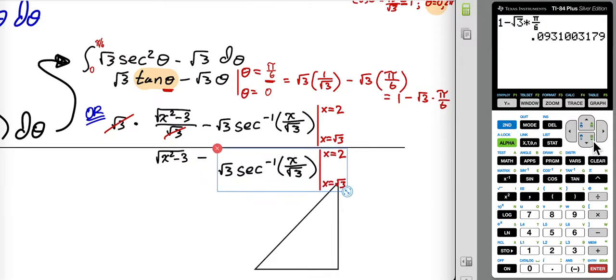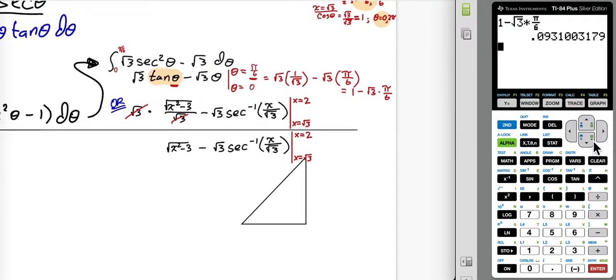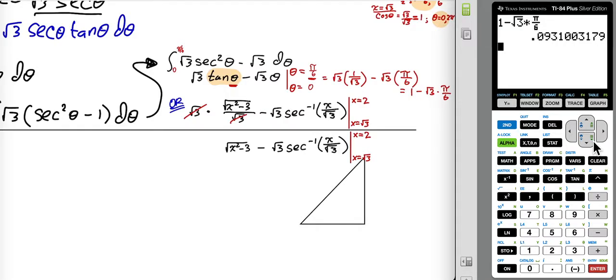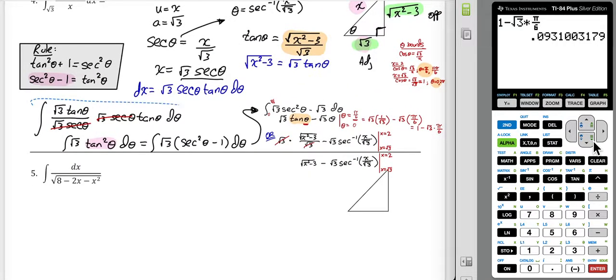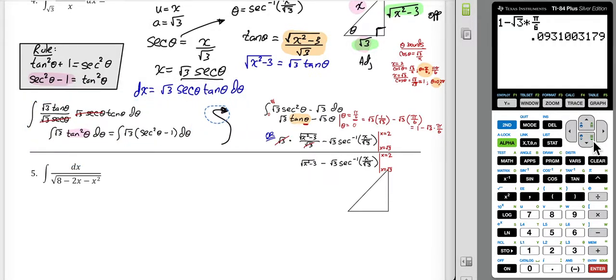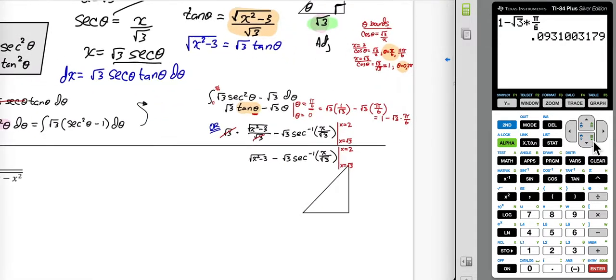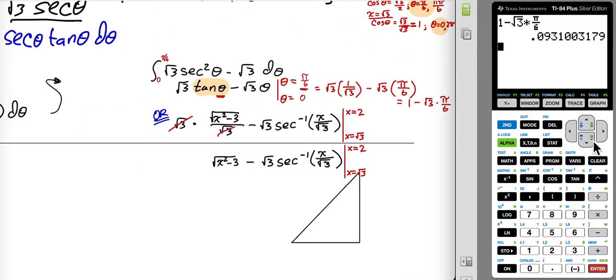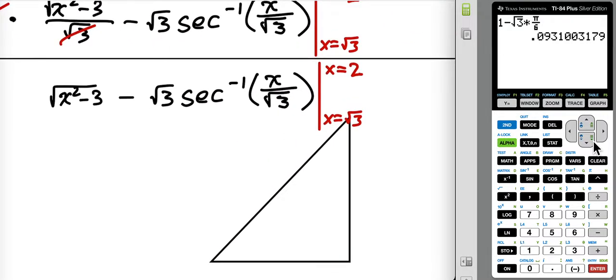Alright, and so if you replace the x with a 2, you're going to get 4 minus 3, which is 1, so we're going to get a 1, minus radical 3 times the inverse secant of 2 over radical 3.